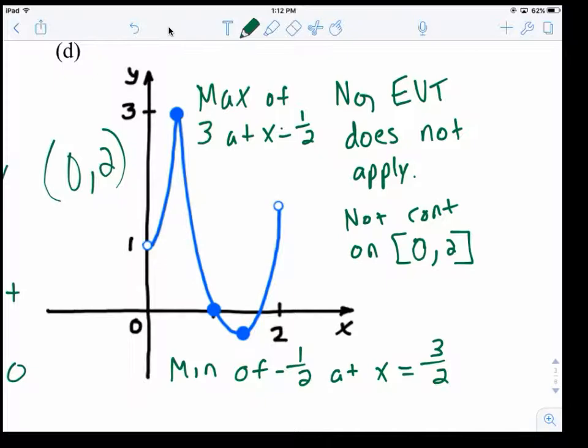So the question would be: if the question was, do you have an EVT, does the EVT apply on this open interval from 0 to 2, and all the points were filled in? Good question.